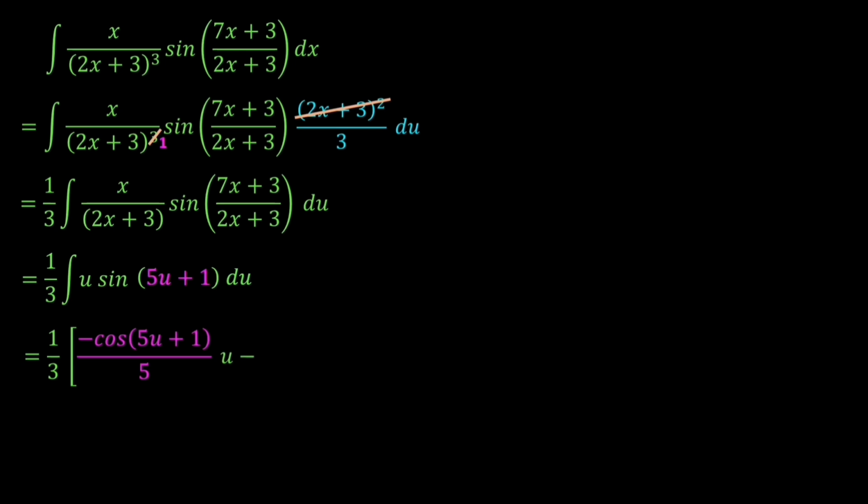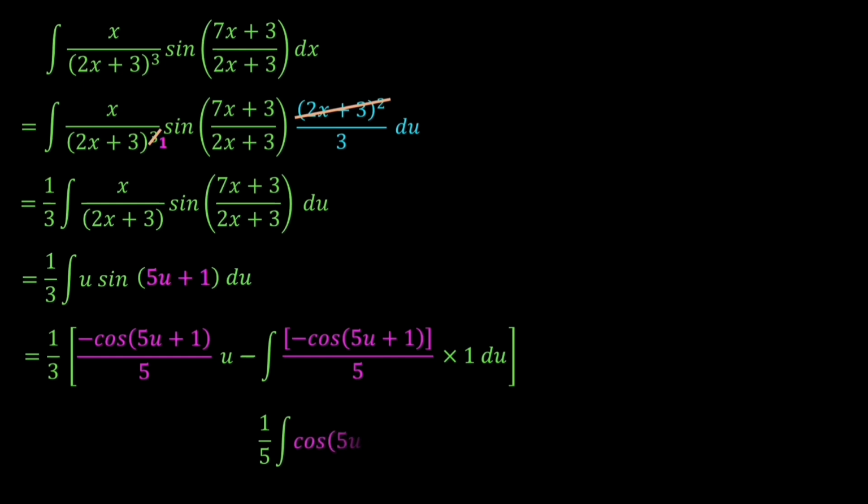Now minus integral of minus cos(5u plus 1) over 5 into differentiation of the u value. Differentiation of the u value equals 1. The denominator value 5 is a constant, so we can bring 1 over 5 outside of the integral.